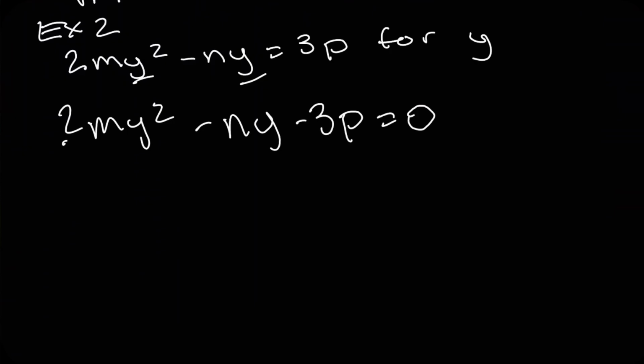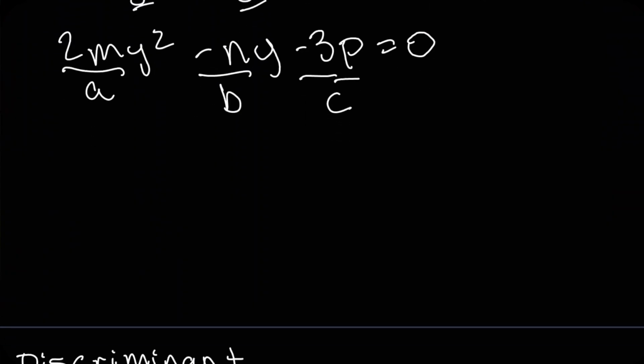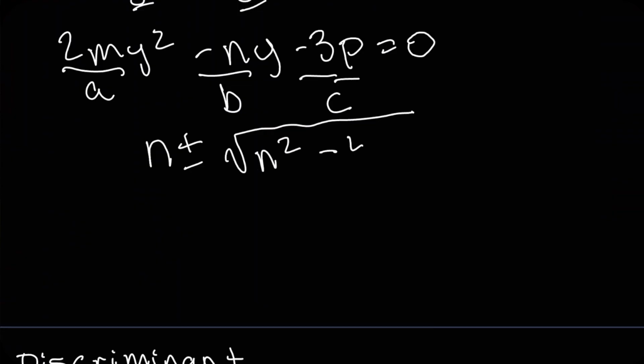So this could represent our a, this negative n could be our b, and then this negative 3p could be our c. So plugging that into our quadratic formula, we will get negative b, which is negative n, so positive n, plus or minus the square root of b squared minus 4ac. b in this case is negative n, so we'll have negative n squared, or positive n squared, minus 4.